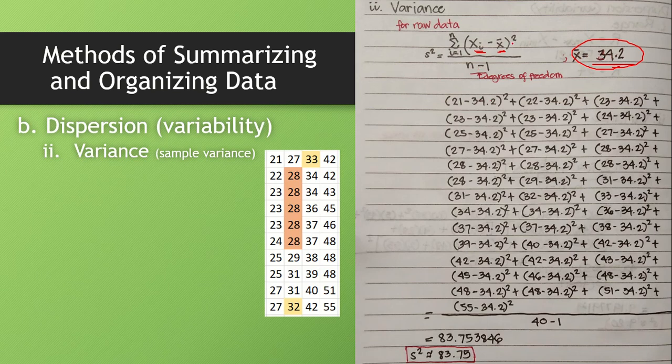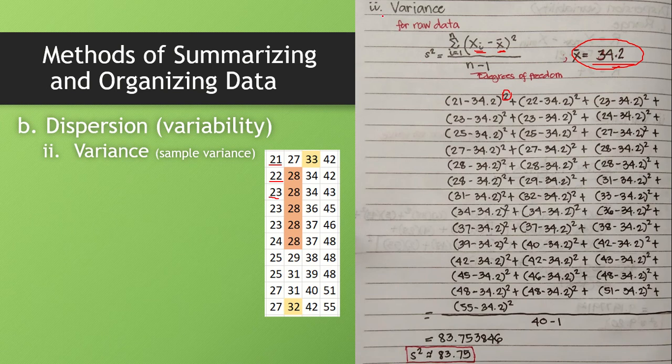You don't have to worry if the value will be negative or positive, since we have raised it to an exponent which is even, therefore all of the values will be positive. So that's 21 minus 34.2, 22 minus 34.2, then 23 minus 34.2, then raise all of the differences to power 2.